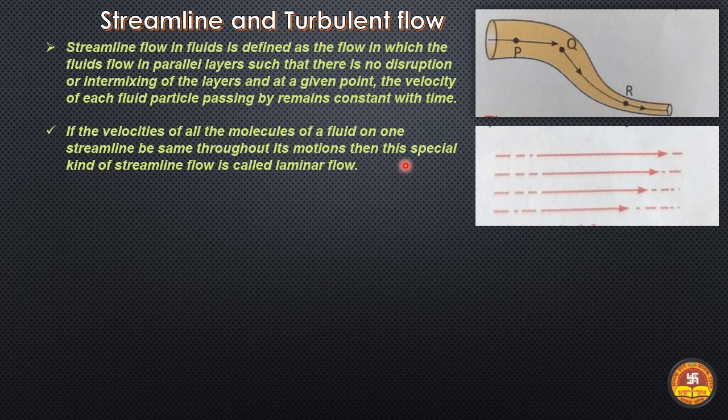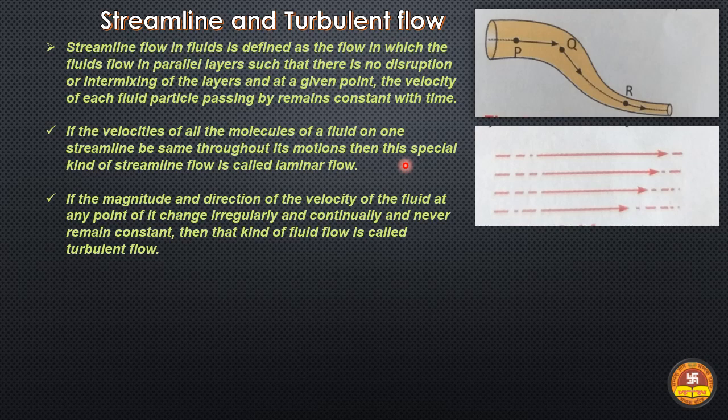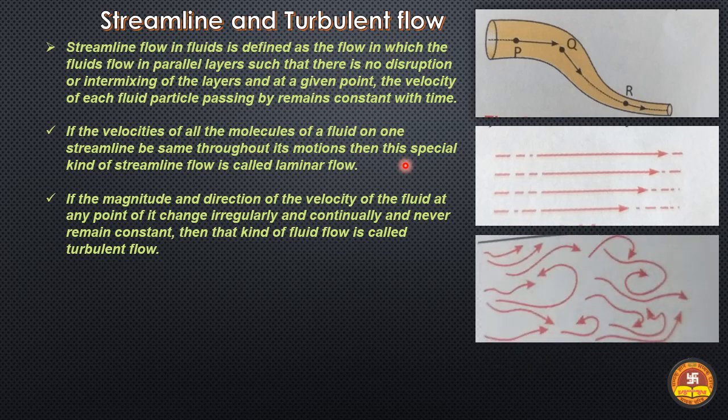And if the magnitude and direction of the velocities of the fluid at any point change irregularly and continually and never remain constant, then that kind of fluid flow is called turbulent flow. So you can see here, this is turbulent motion.